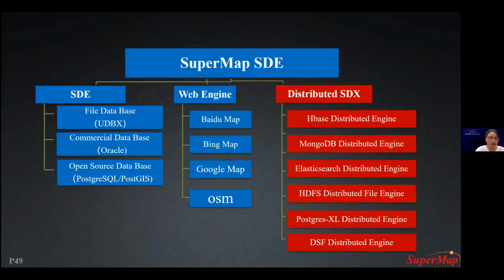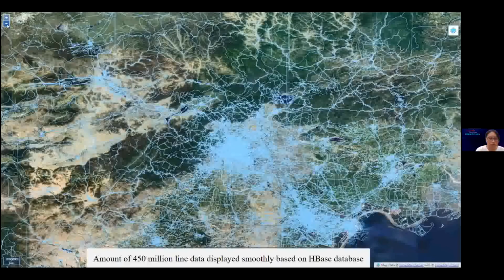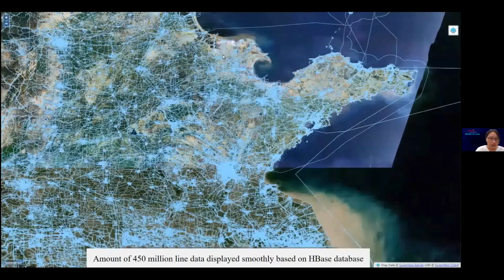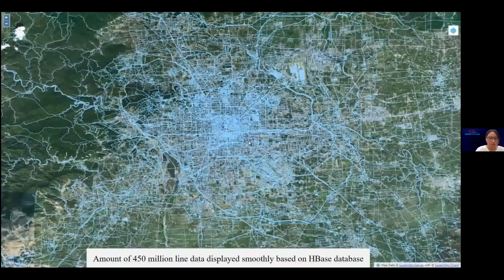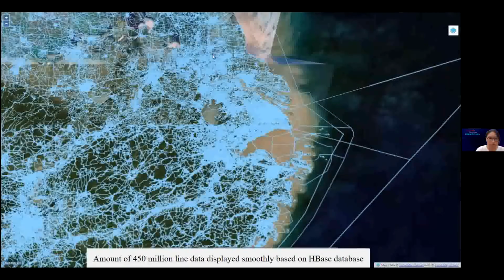SuperMap provides SDX and distributed SDX to solve the storage issue of big data. Let's take a look at the result of 450 million line data based on HBase storage. It is displayed smoothly in the system.